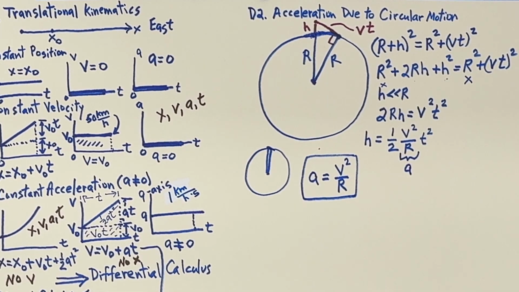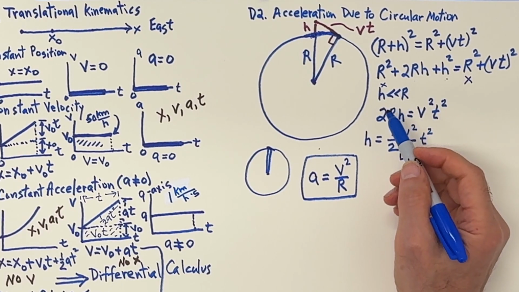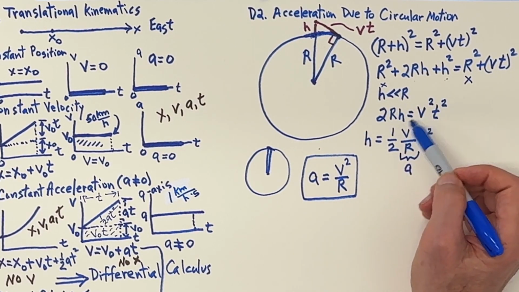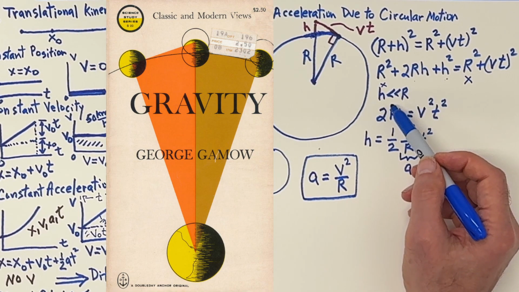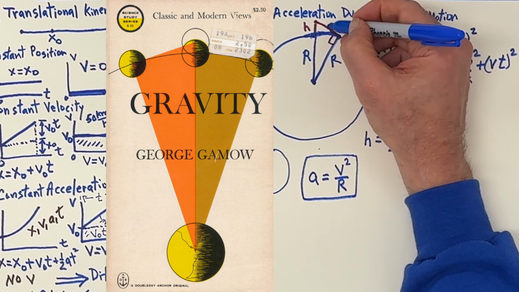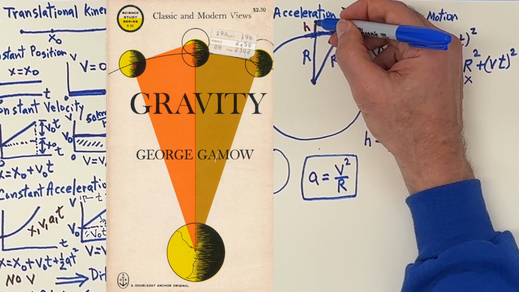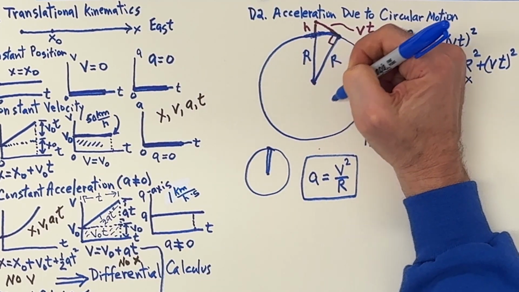Now, this formula has been derived in books in many, many different ways. In my high school book, I remember they were doing it with some kind of similar triangles, but I kind of like this one. I found this in a book by George Gamow, and I think it's really cool that you're going in a circle. You would have been up here, but you wind up down there, and you think of it as falling, like the moon going around the earth in its orbit.